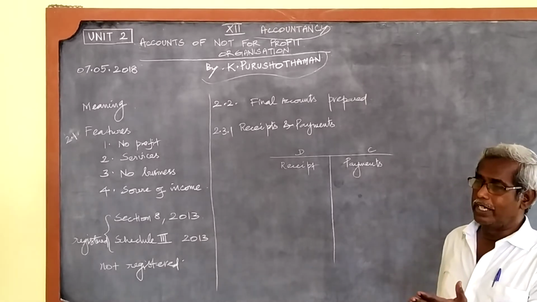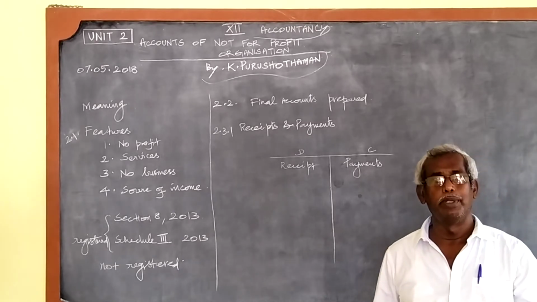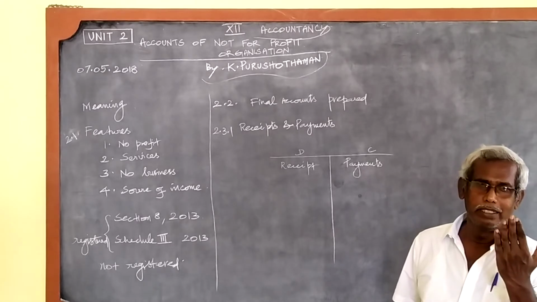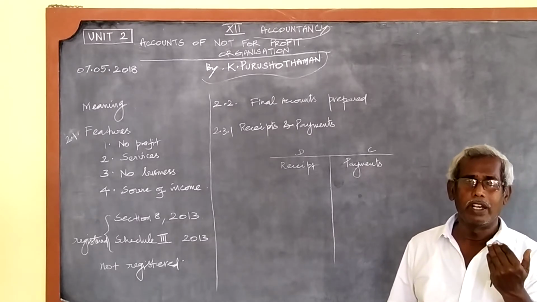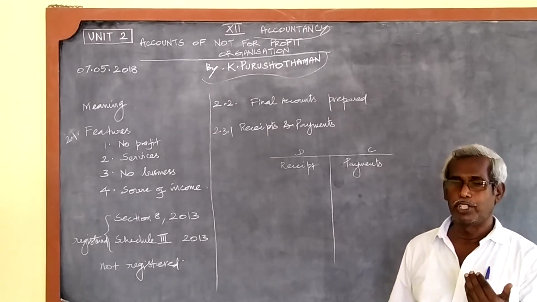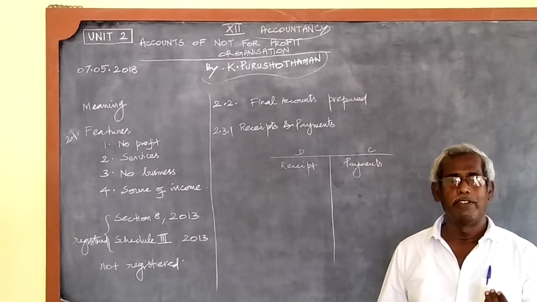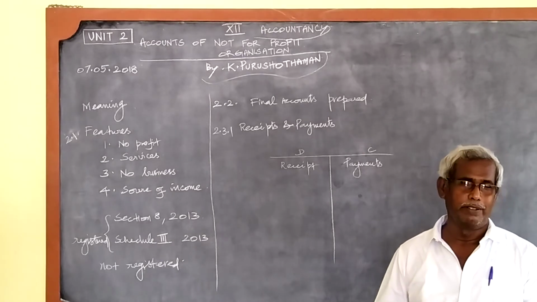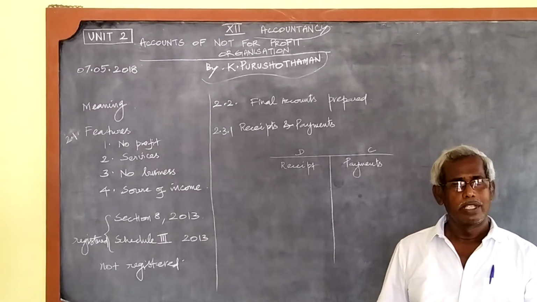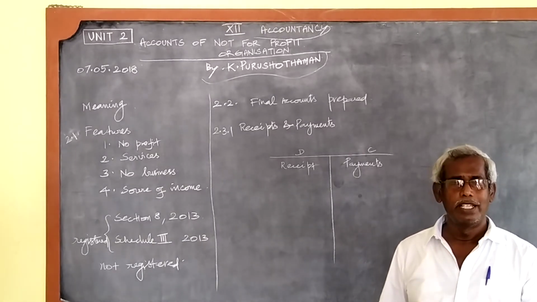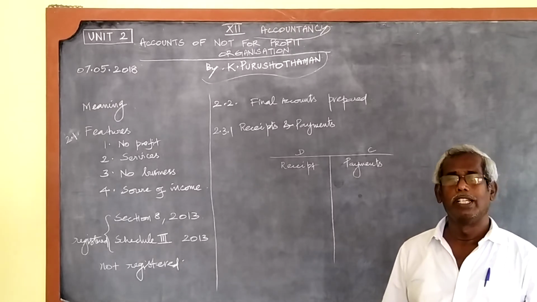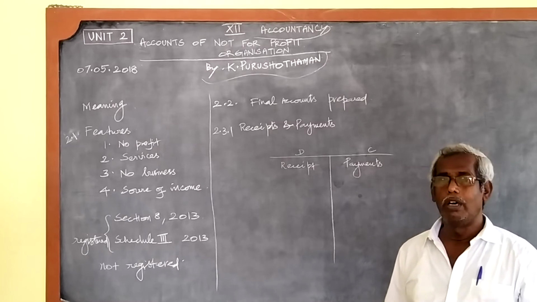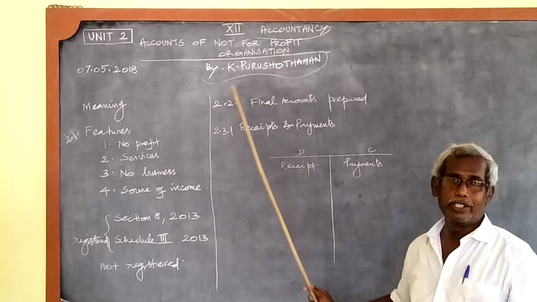In this type of organization, anybody can become a member by paying the subscription in the society or in the club. It may be an annual subscription or a life subscription. Sometimes there may be a will from anyone, and that will be in the name of the club or this not-for-profit organization.